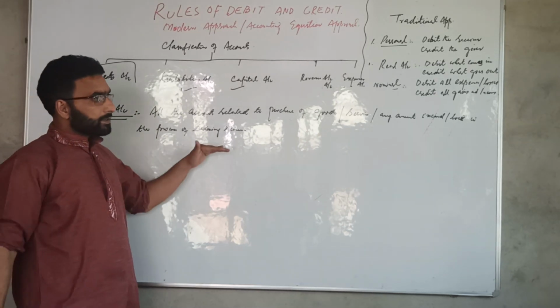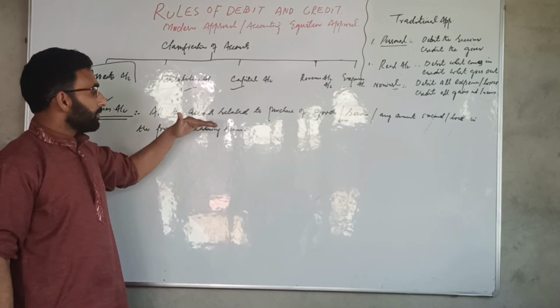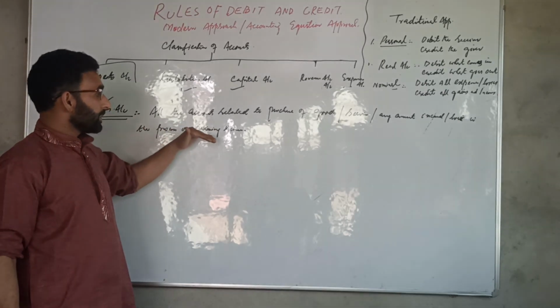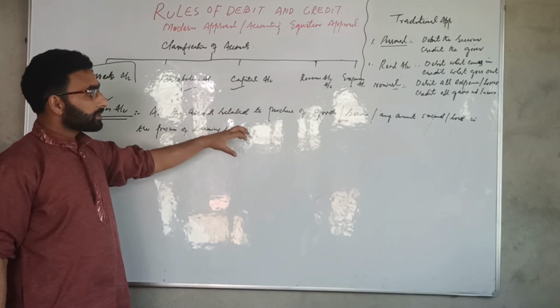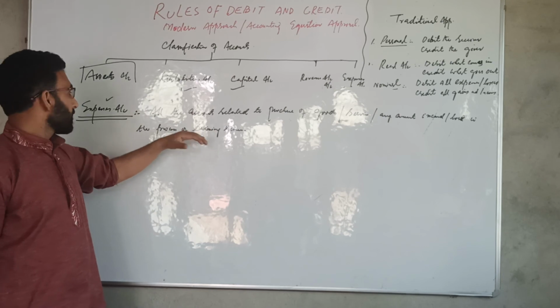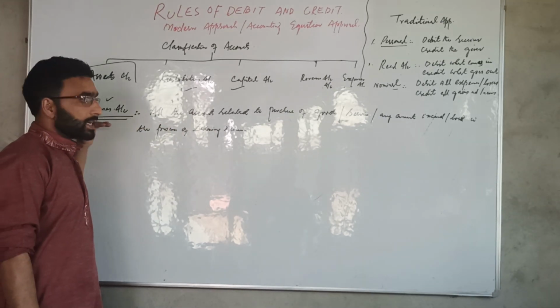Any amount that is incurred or there is any loss, usually in the process of earning revenue, at that time these terms come and these accounts come in the category of expenses account.